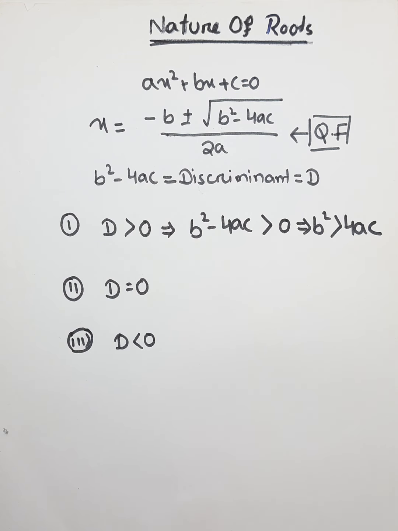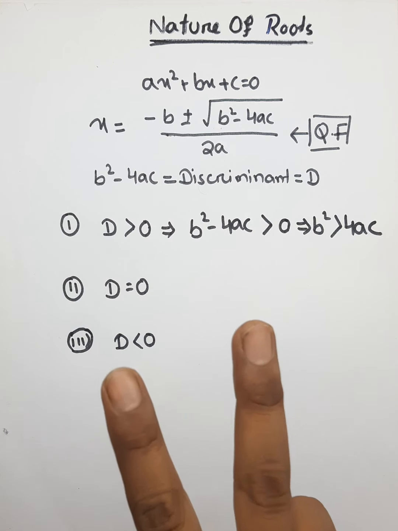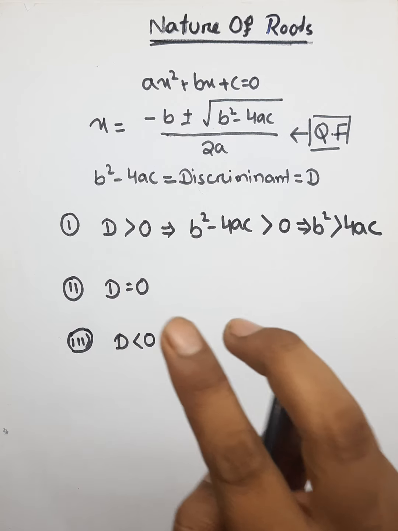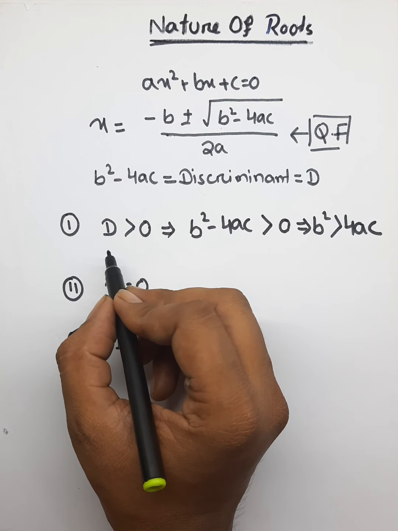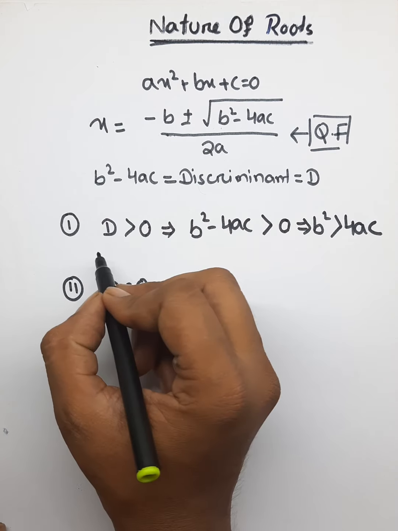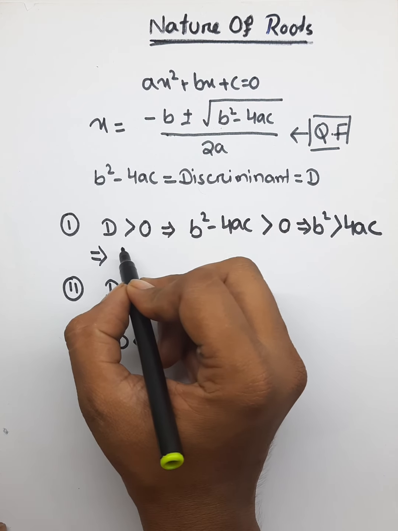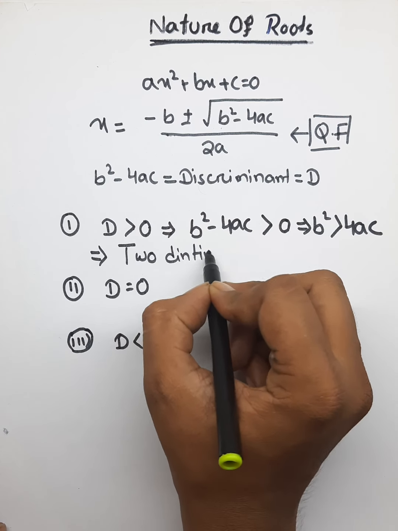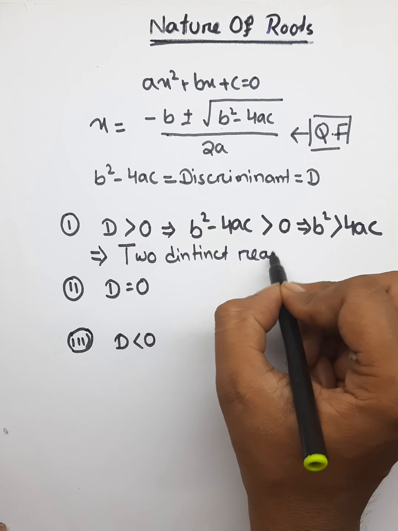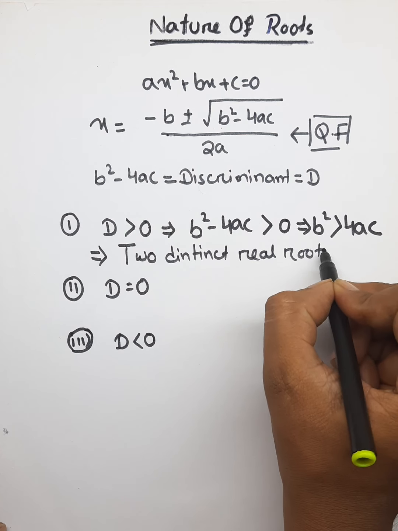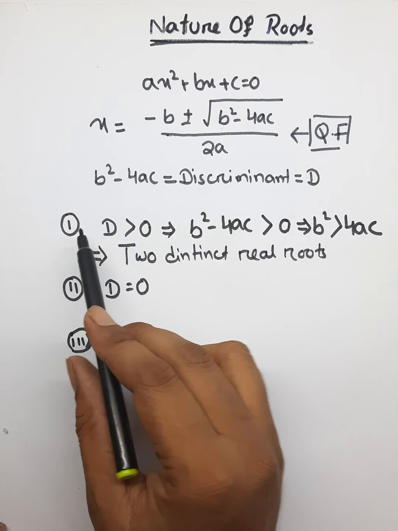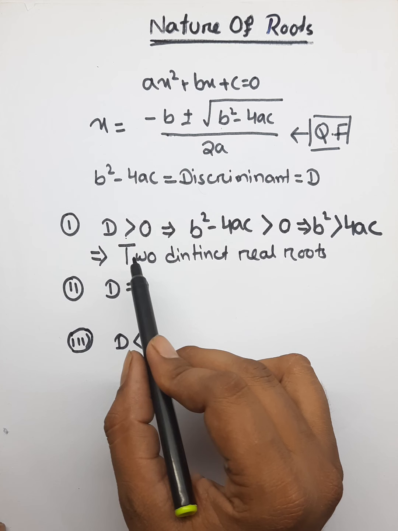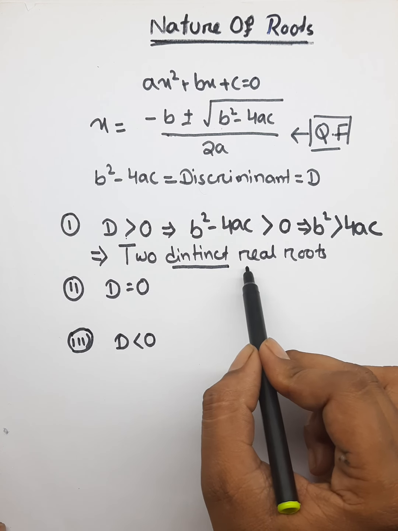In this case we get two real, distinct, meaning different, roots. So the first point is, if D is greater than 0, then we will get two distinct real roots.